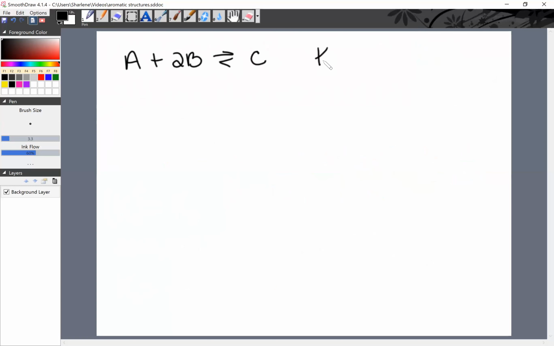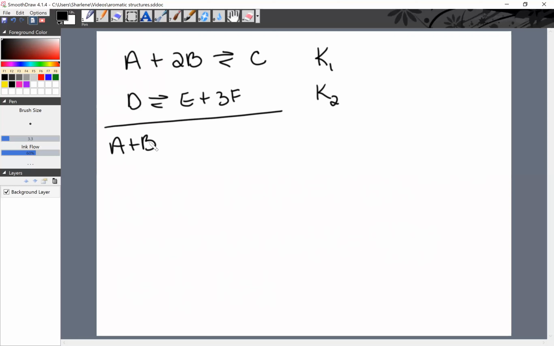So we'll call that one K1. And we will say D goes to E plus 3F. And we will call that one K2. All right, let's just add them together. And this new equation would be A plus D. I said D and then wrote B. Okay, B is in there though. Oh, jolly, ugly, ugly, ugly.